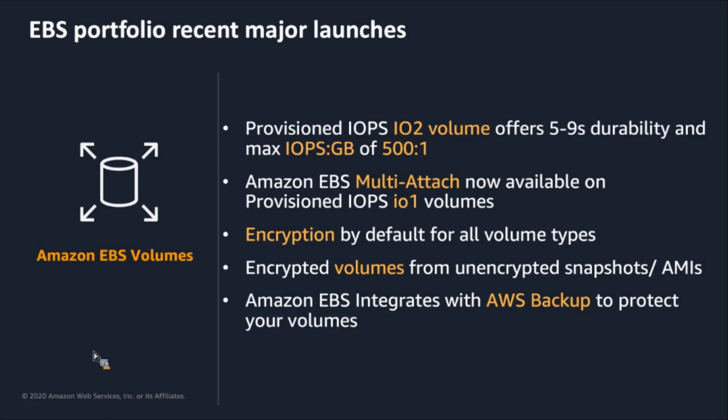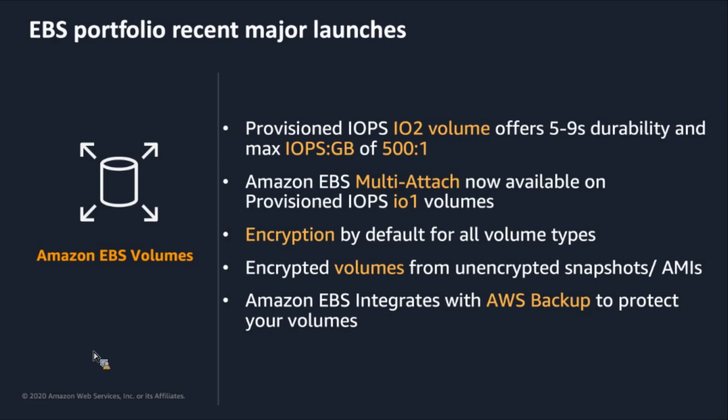Previously, an EBS volume could only be attached to a single EC2 instance, and you can attach multiple volumes to an EC2 instance based on the attachments that the EC2 instance can take. But with the launch of the multi-attach feature last year for provisioned IOPS volume, you can attach it to up to 16 EC2 instances and share the same data set, capacity, and performance across up to 16 Nitro EC2 instances.